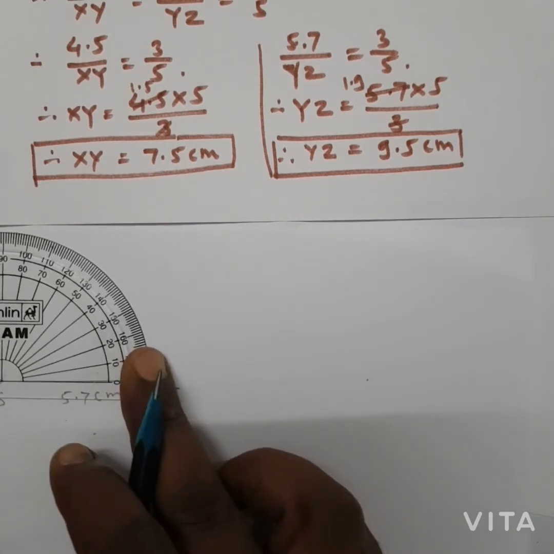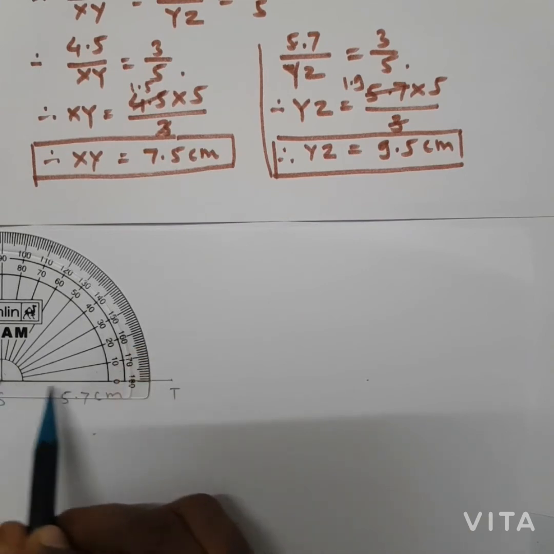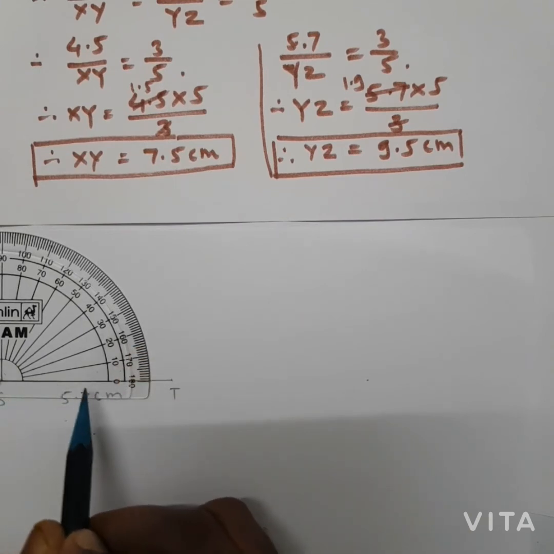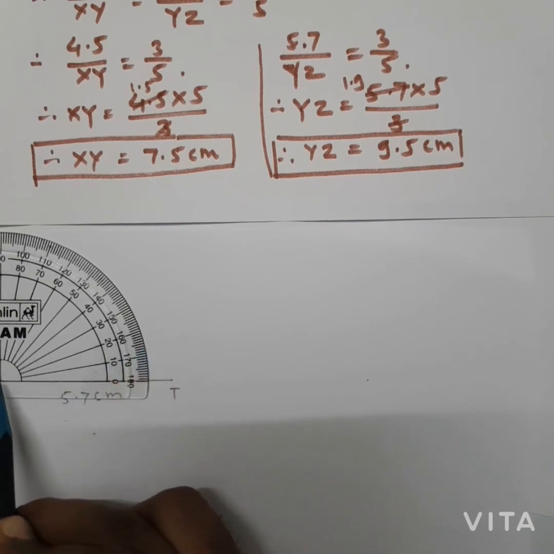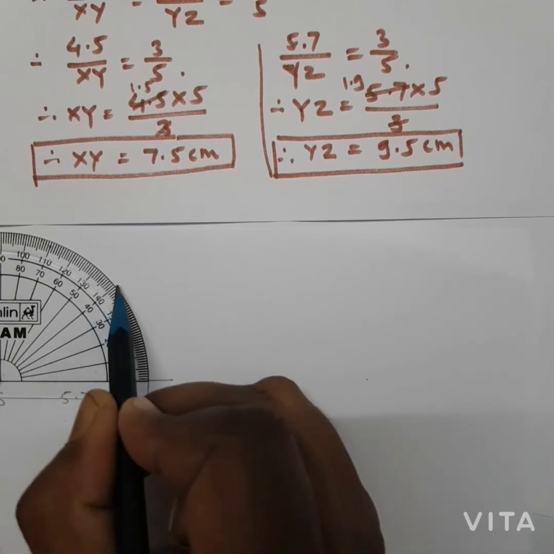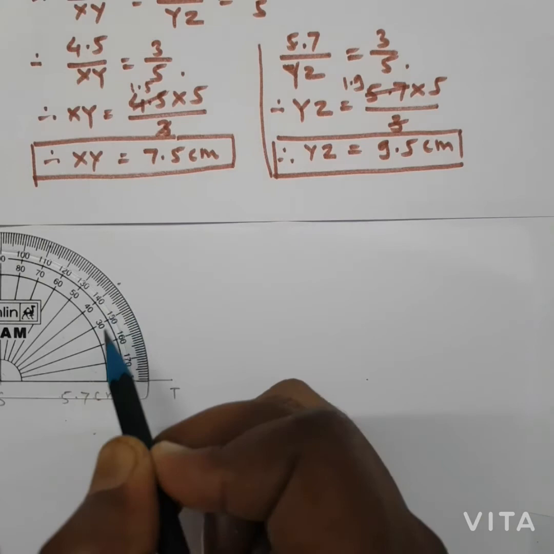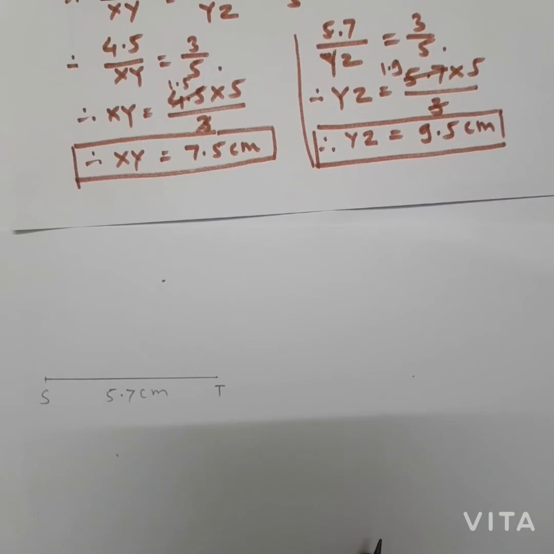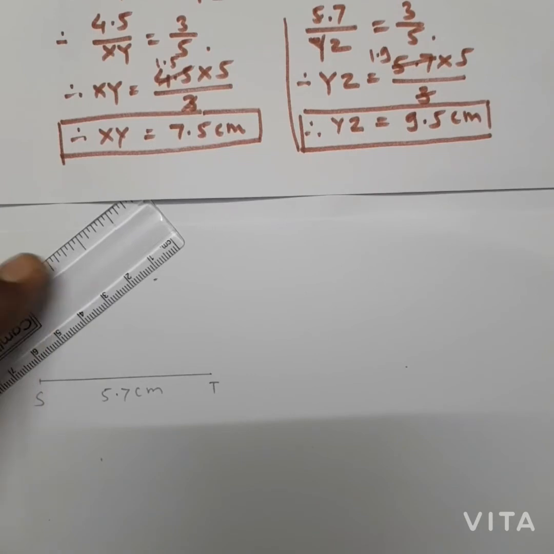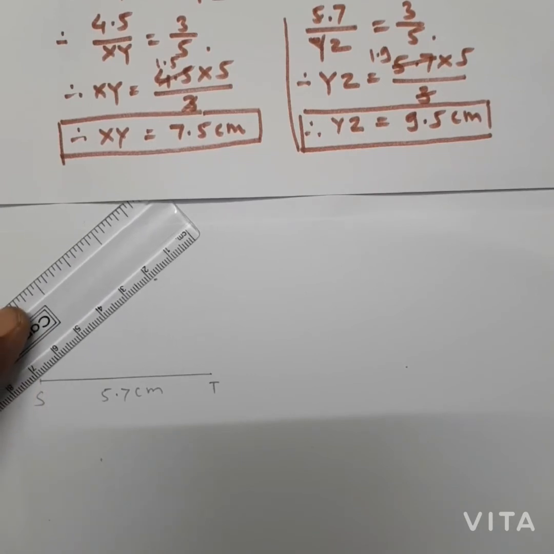For angle RST, the baseline of the protractor should overlap this side ST, and the center of the protractor should be on point S. Then here is the 40 degree angle. Therefore we have to draw a line passing through point S and this point showing 40 degree measure.